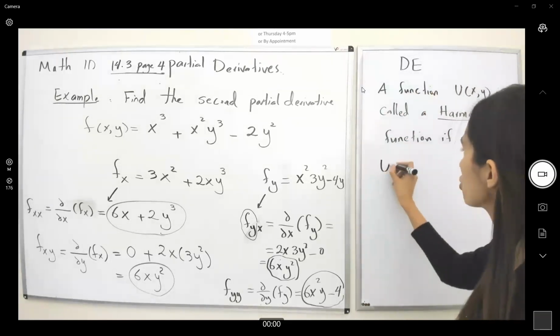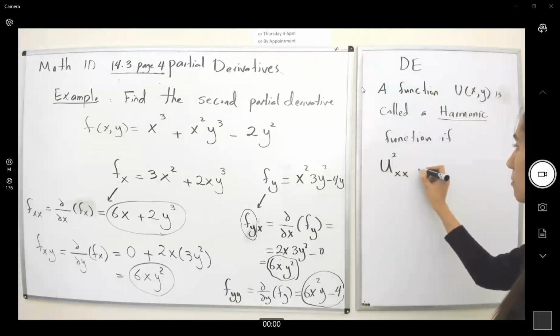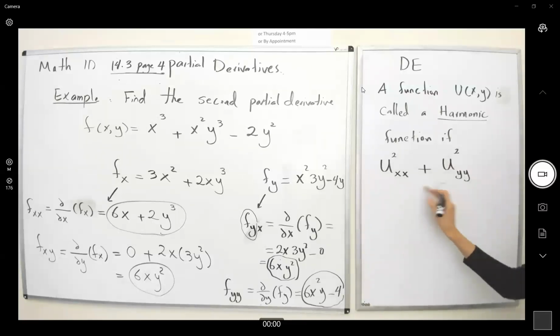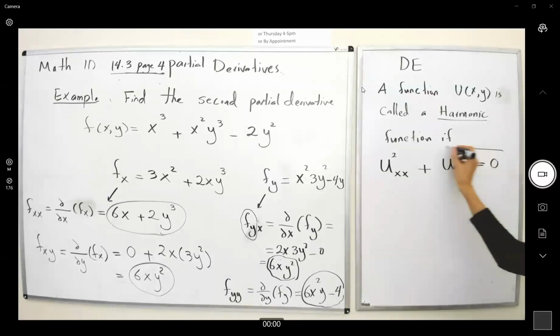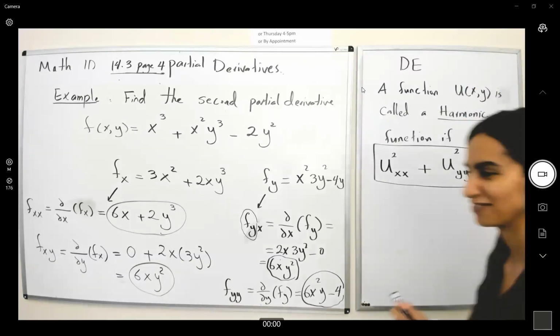The second partial derivative of the function with respect to x plus the second partial derivative of the function with respect to y, if you find these two functions and add them together, this is actually equal to 0. When this equation is met, then you say u of x and y is a harmonic function.